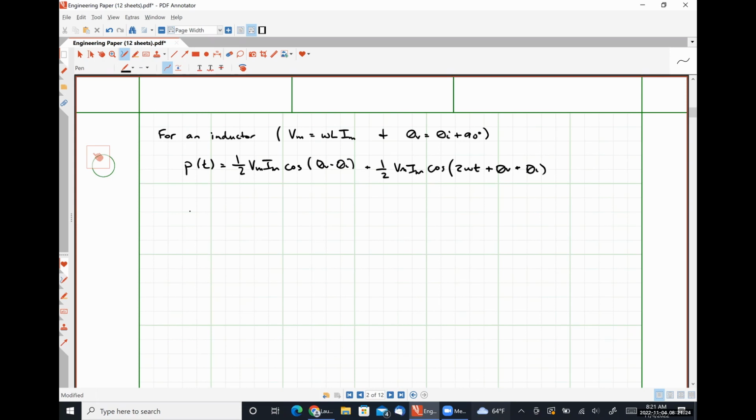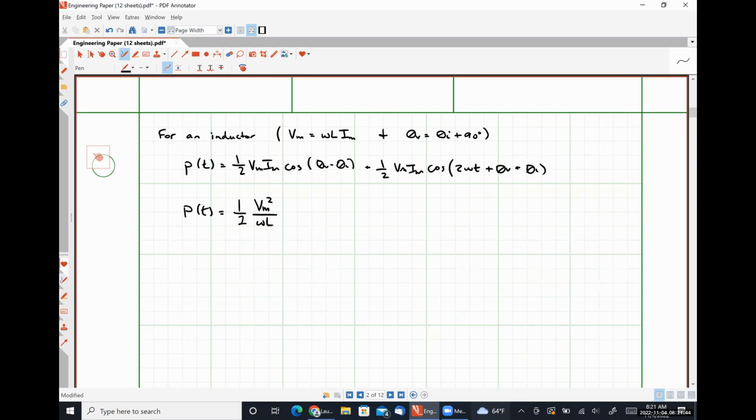So expressed only in terms of our voltage, we are going to have 1/2 Vm squared over omega L. Now let's look at this cosine theta V minus theta I part.